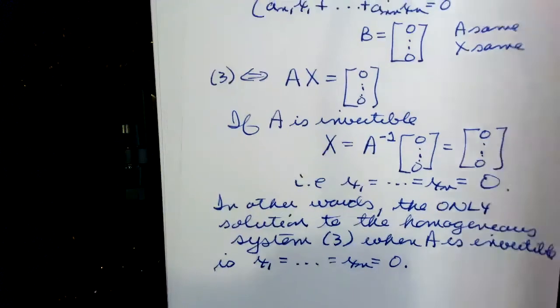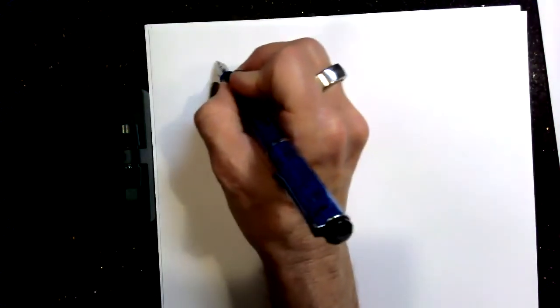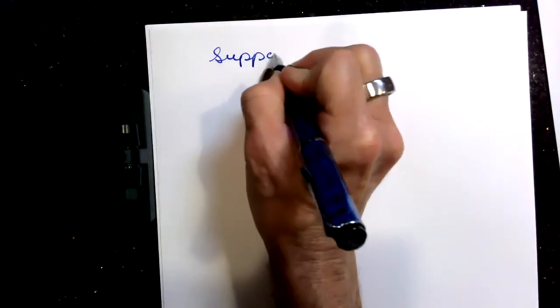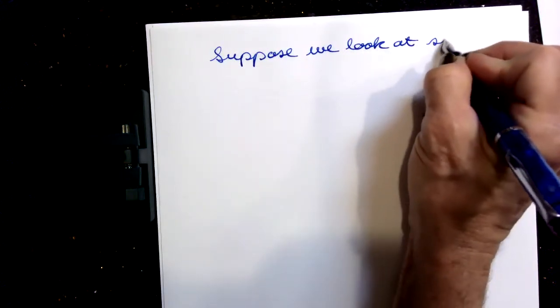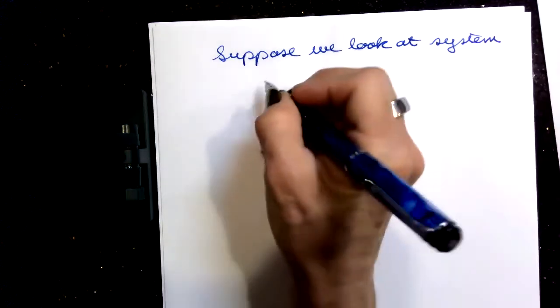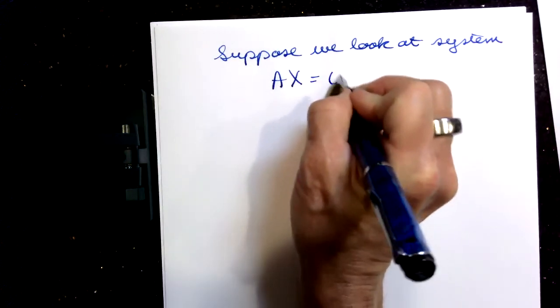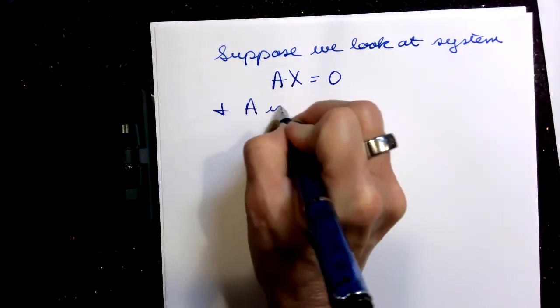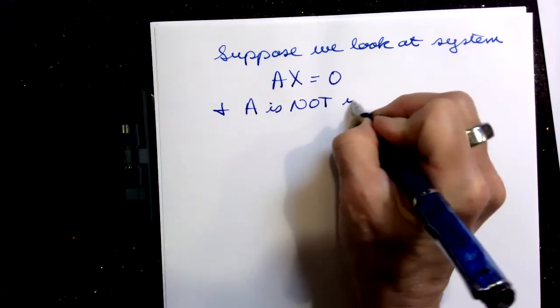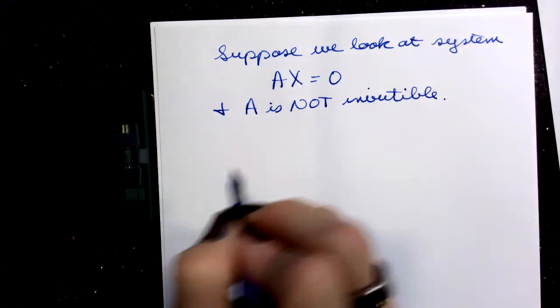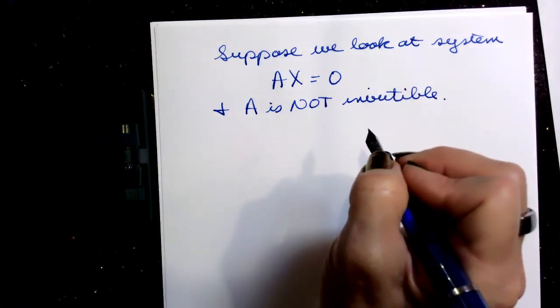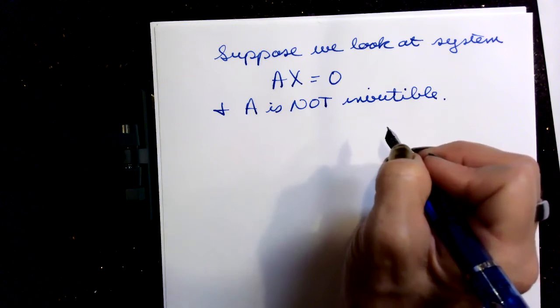All right. So that's going to be important for us later when we study eigenvalues and eigenvectors. So what does that mean? Let's take another perspective on that observation. Suppose we look at a system AX equals 0 and A is not invertible. Well, then the previous calculation doesn't work because A inverse doesn't exist.